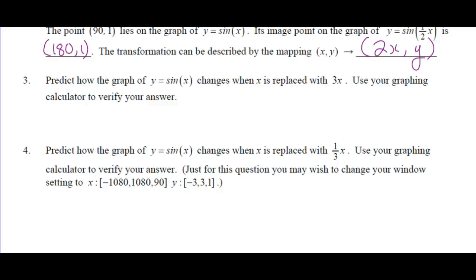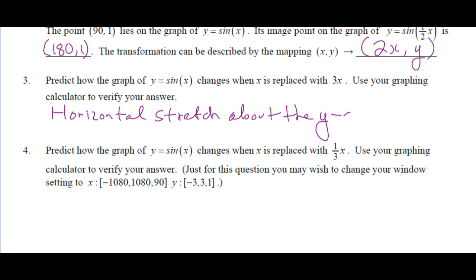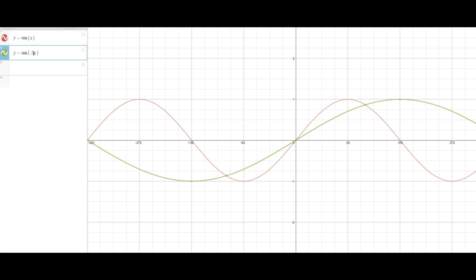So we're going to predict it is a horizontal stretch about the y-axis by a factor of 1/3. Then it said try it on your calculator, so I can throw a 3 in here.